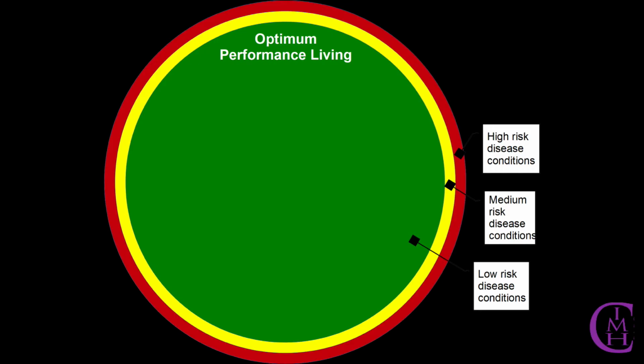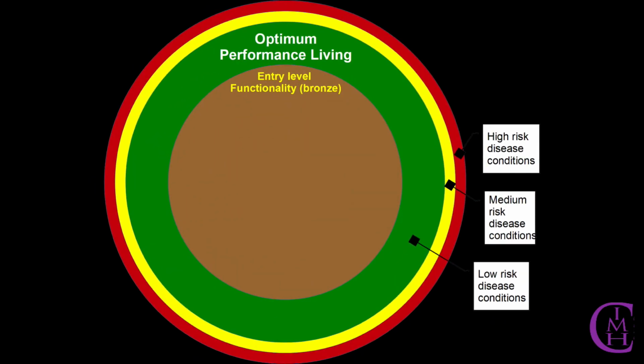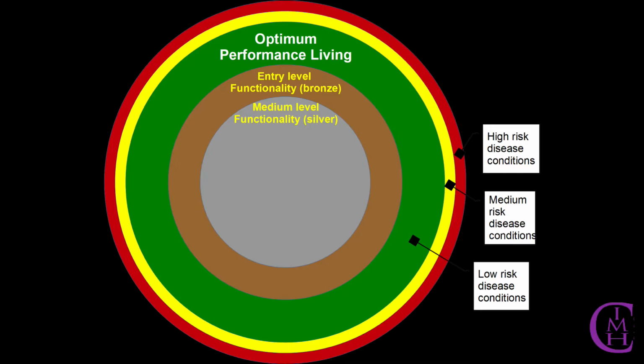And of course, if you have optimum performance living as a goal and an infrastructure to support that, that allows you then to introduce performance-based measures, which would be athletic or sports or active development of various kinds.